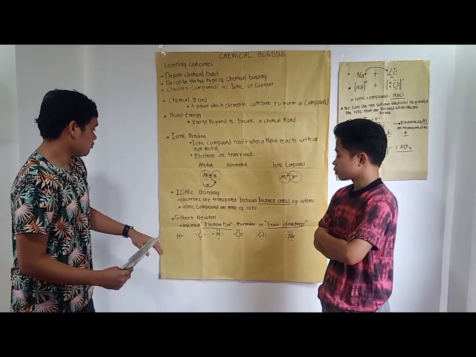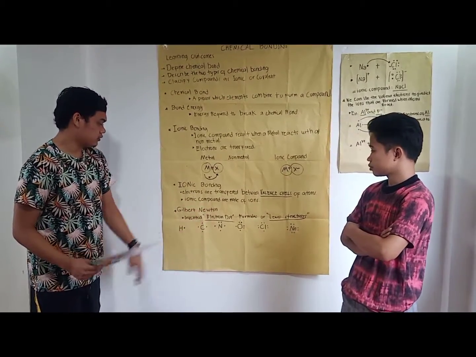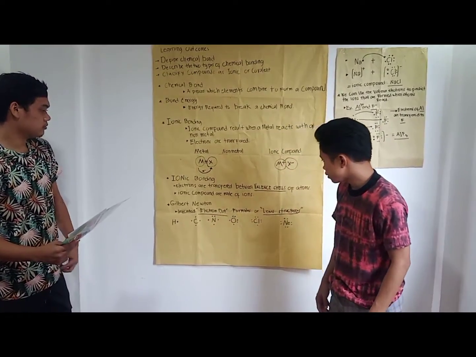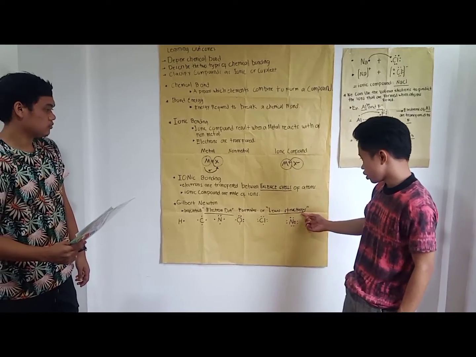Gilbert Lewis invented electron dot formulas, or Lewis structures.